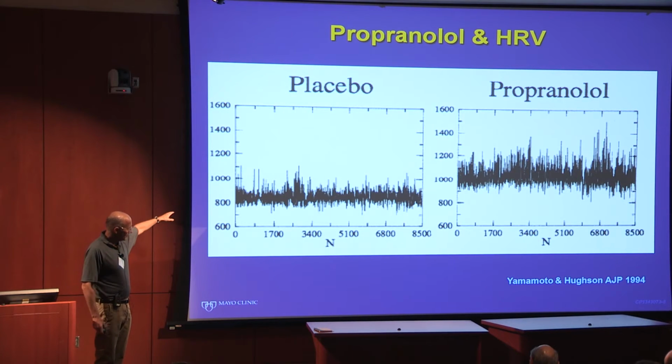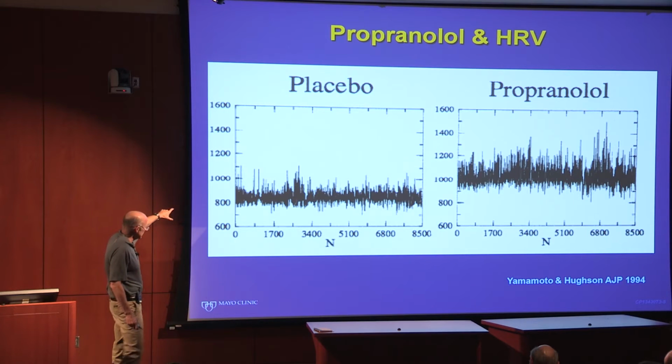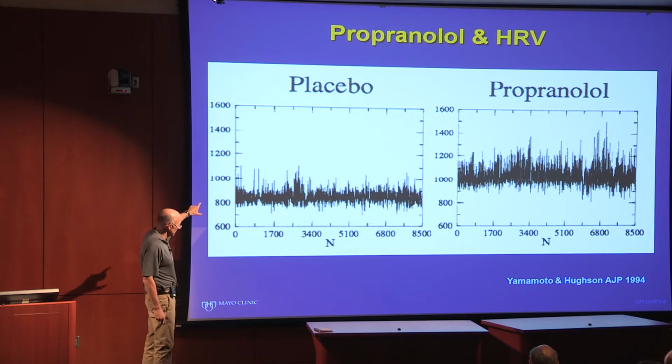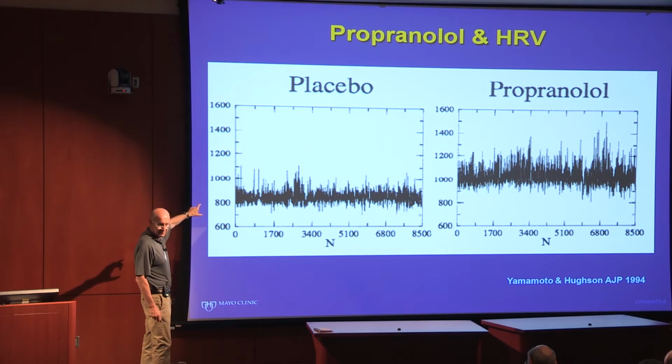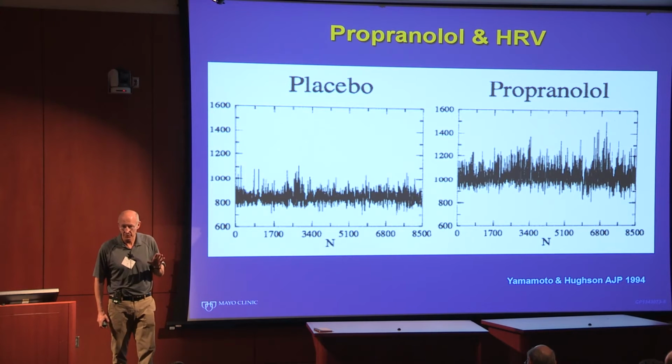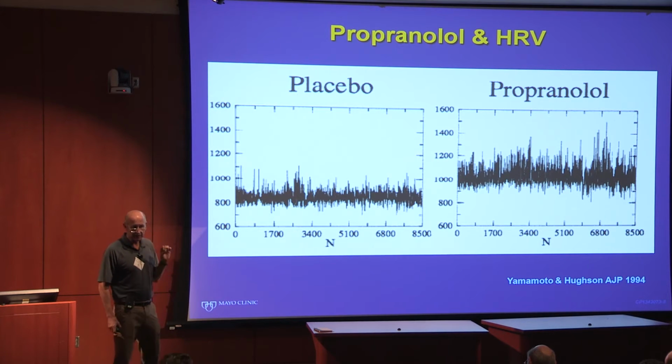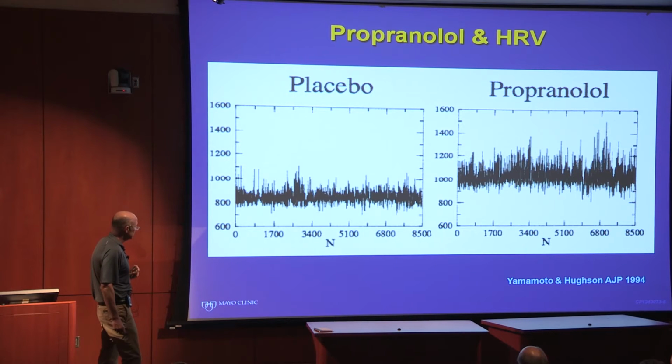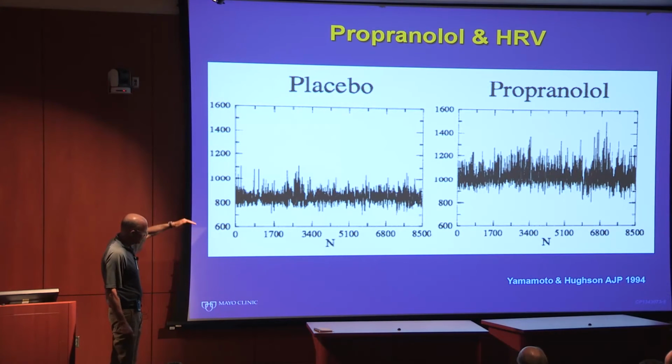They give these people propranolol, and you can see that the beat-to-beat variability does not change, suggesting that there's not a whole lot of sympathetic control of heart rate variability. And if you convert these R-R intervals into heart rates, the heart rate in this particular individual record went from, say, 68 to 60. So not a big resting effect and not a big effect on heart rate variability.